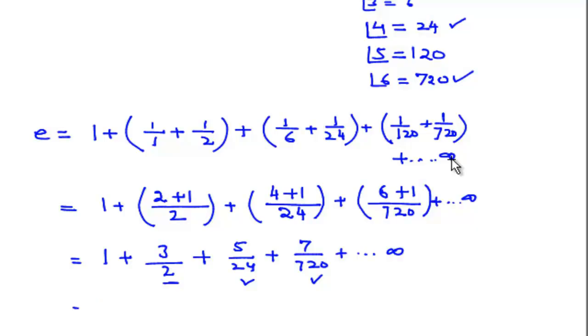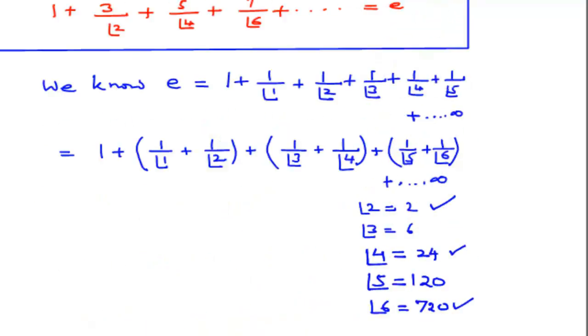So I can write this is equal to 1 plus 3 upon factorial 2 plus 5 upon factorial 4 plus 7 upon factorial 6 plus so on up to infinity. And this is what we are required to prove, that 1 plus 3 upon factorial 2 plus 5 upon factorial 4 plus 7 upon factorial 6 is equal to E. So hence proved.